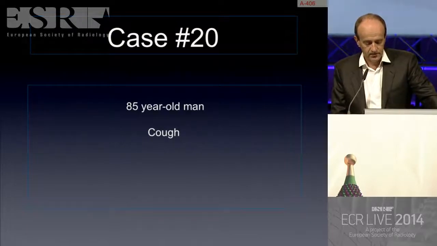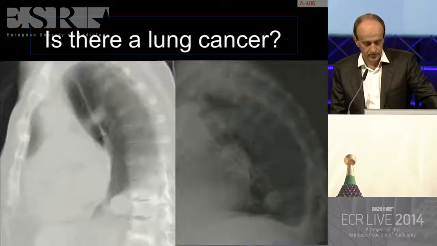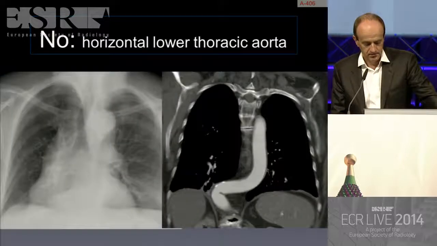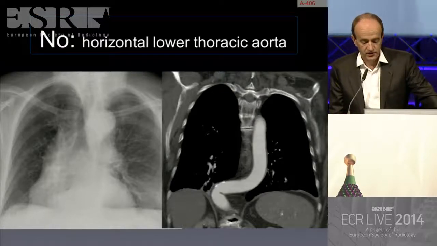85-year-old man with cough. Do you think there is a lung cancer in this patient? Indeed, we see an opacity on the lateral view, clearly rounded, very regular, but it's a horizontal lower aortic thoracic position.